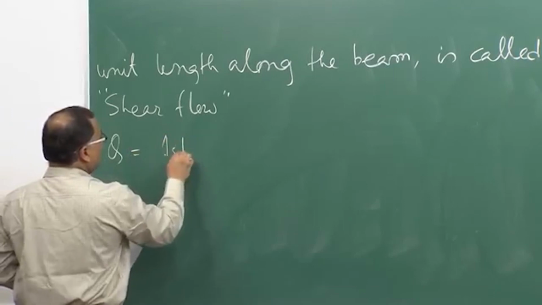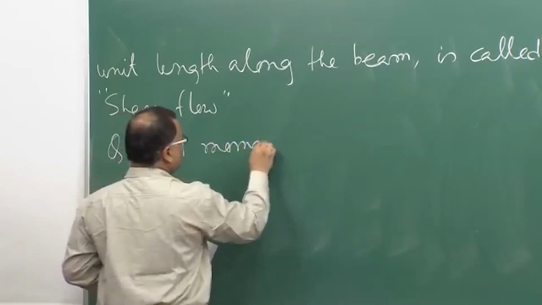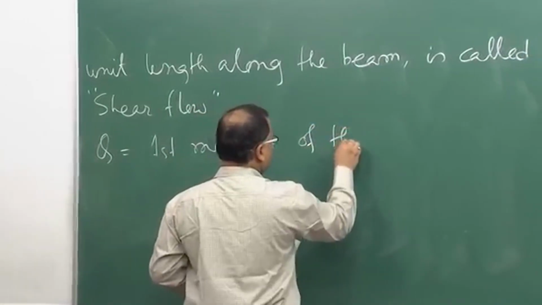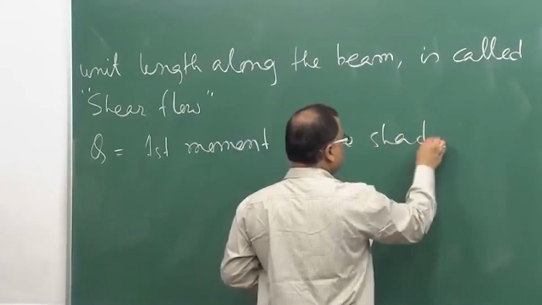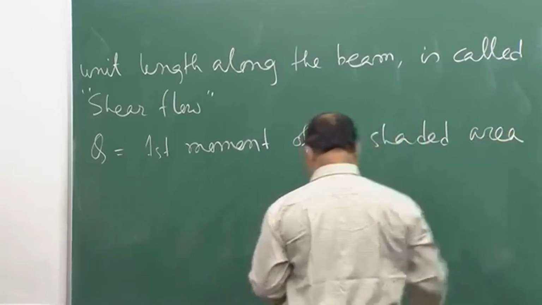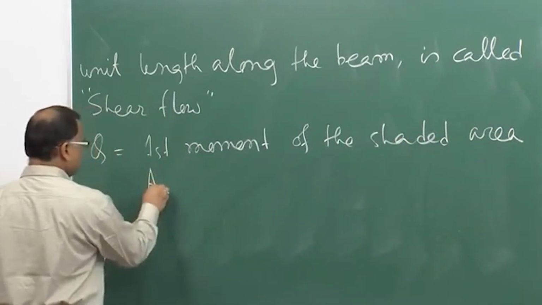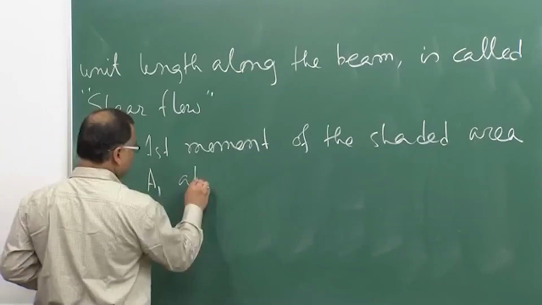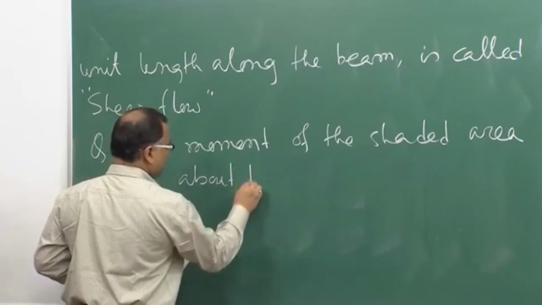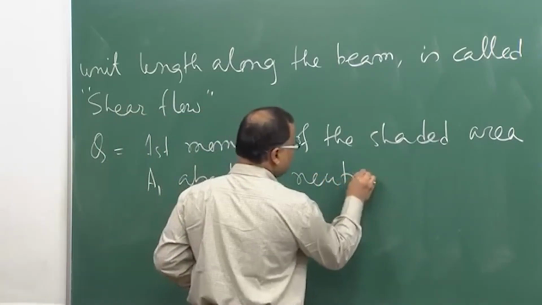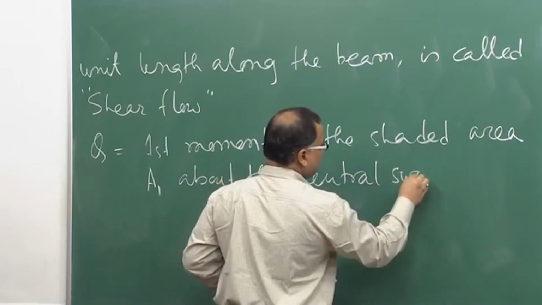Your capital Q is nothing but the first moment of the shaded area A1, that is shown in the figure, about the neutral surface.